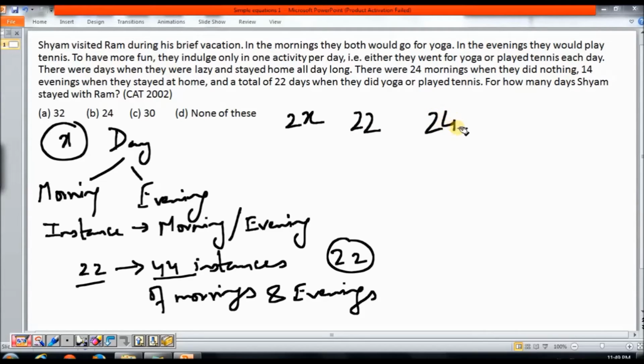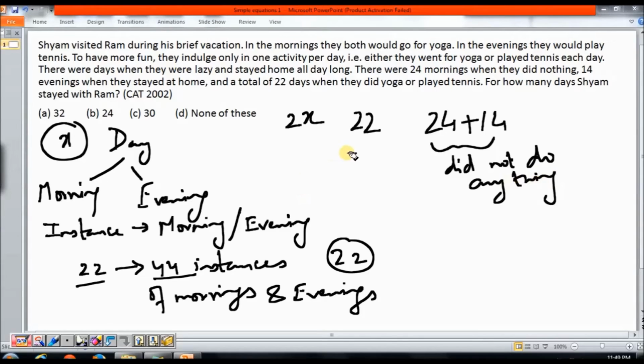24 mornings and 14 evenings. So 24 plus 14 is the number of instances when they did not do anything, and these 22 instances are the ones when they did something.